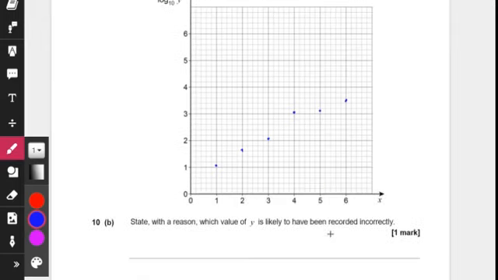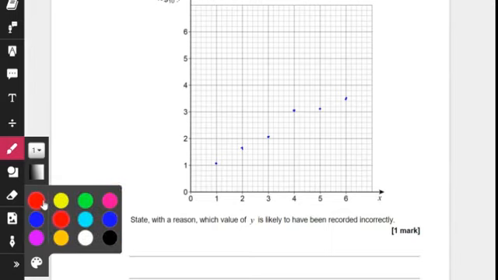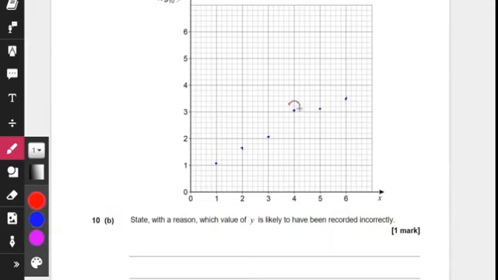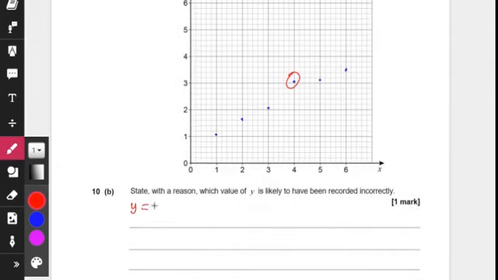Then the question asks, state with a reason which value of y is likely to have been recorded incorrectly. So which one do we think it is? The fourth. Yes, this one, because the other points form a straight line, a linear equation. So the y coordinate of x equals 4 is likely incorrect.